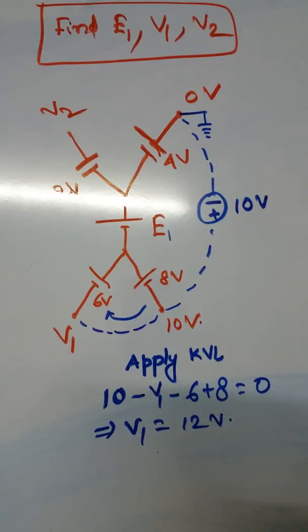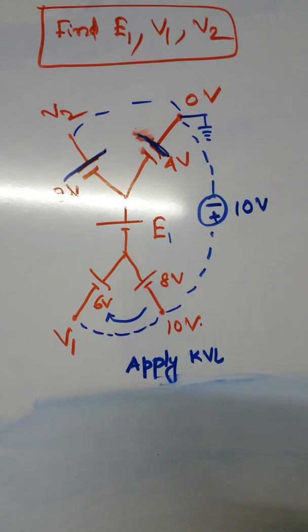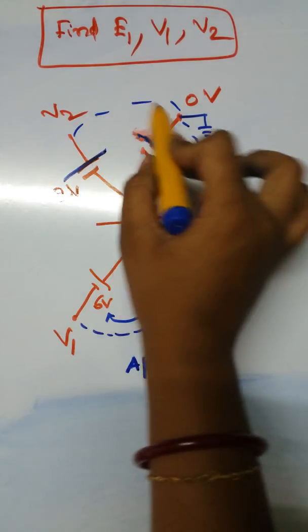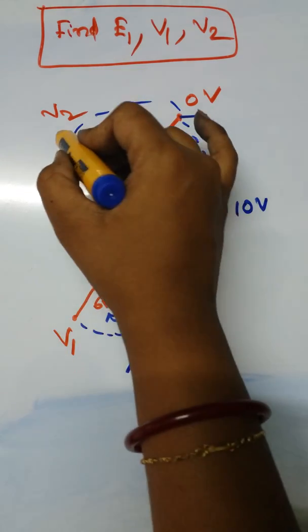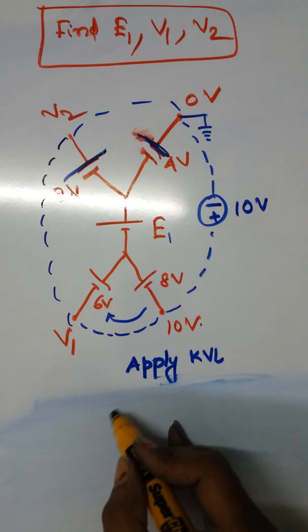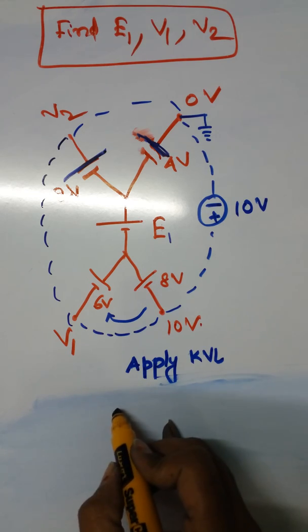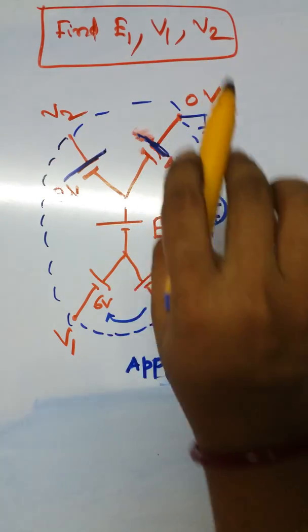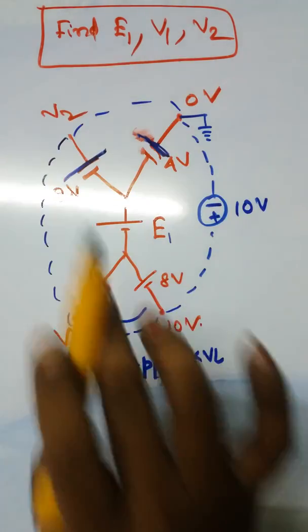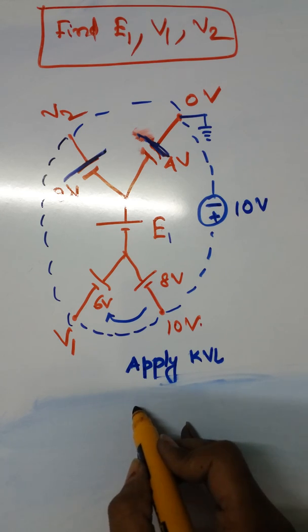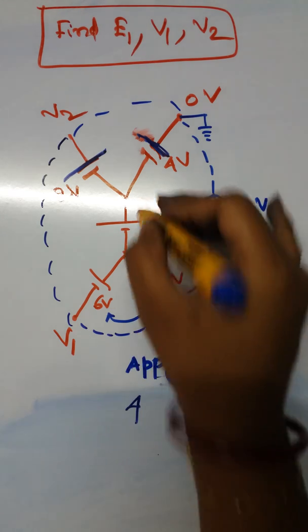Okay, now let's find V2. Again we have closed the circuit. You can also find V2 from here, but this will be easier, so I'm just doing it like that. So here this portion is totally V2. Obviously from 0 to V2 the difference is V2. So let's write 4.